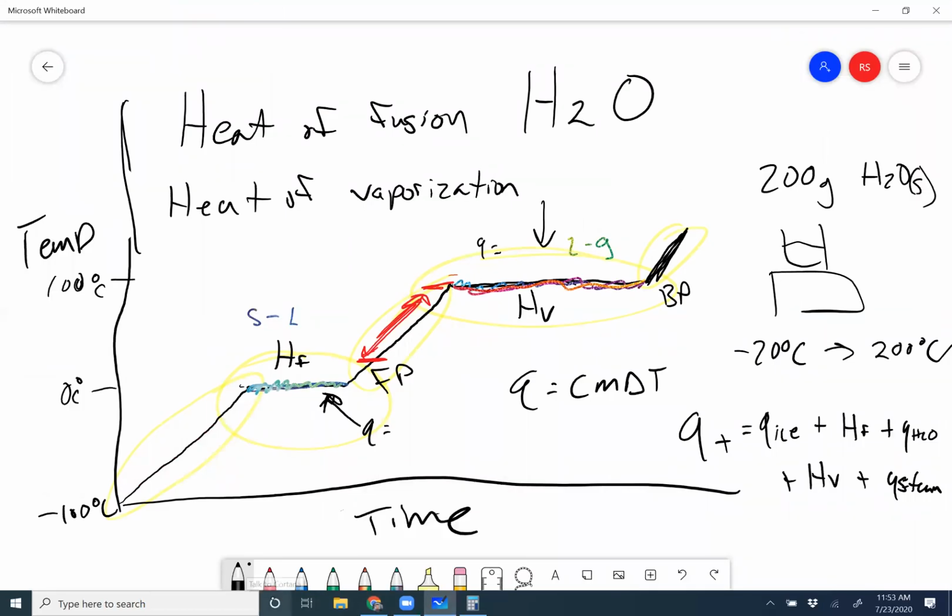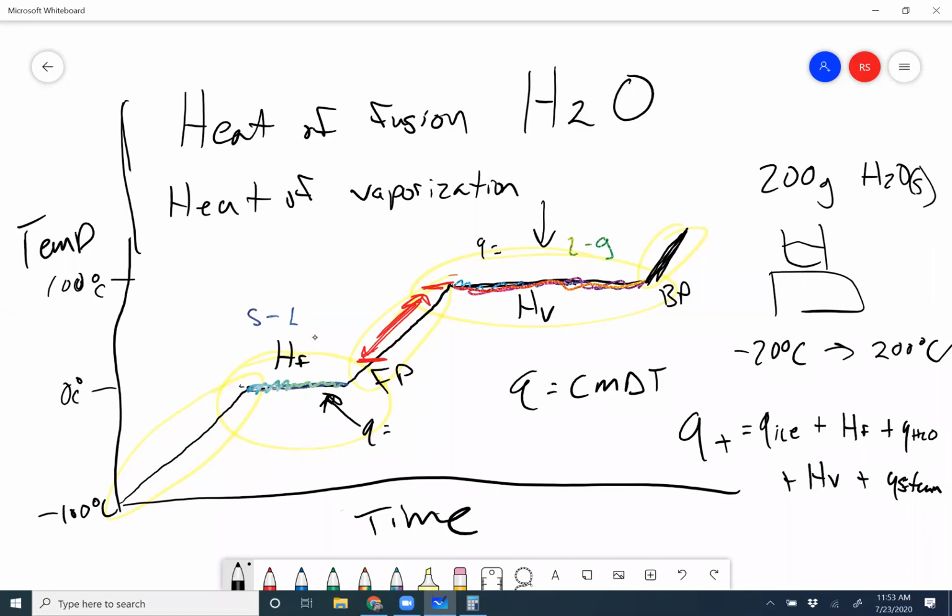So what that would have us do is, again, an extra step where we would have to turn our 200 grams of water into moles so that we could use the known value for the heat of fusion that the book gives you.